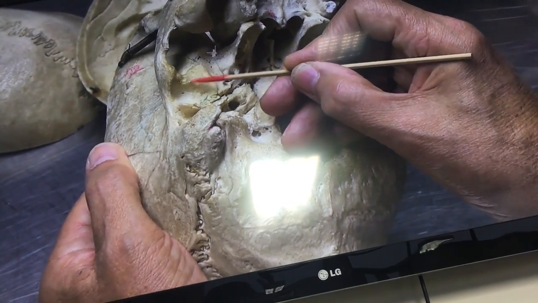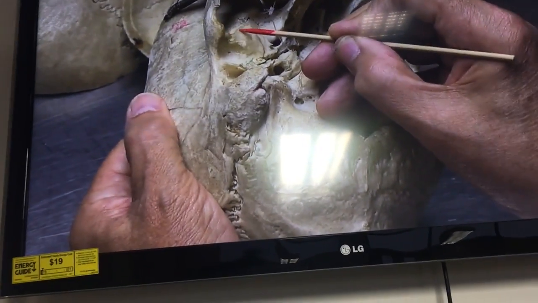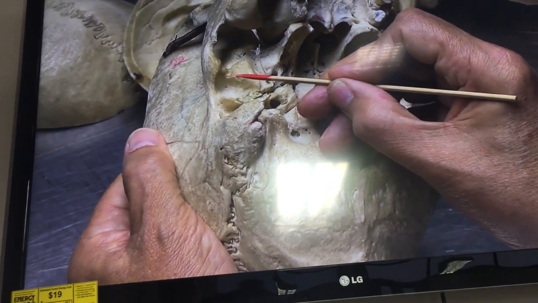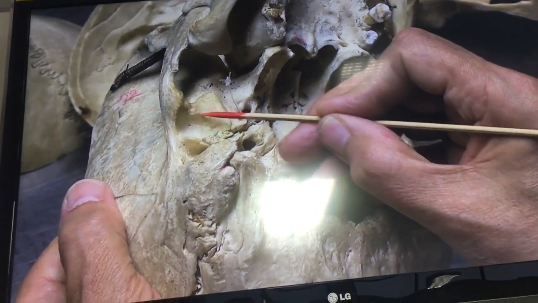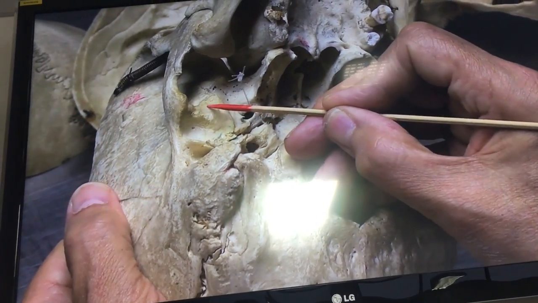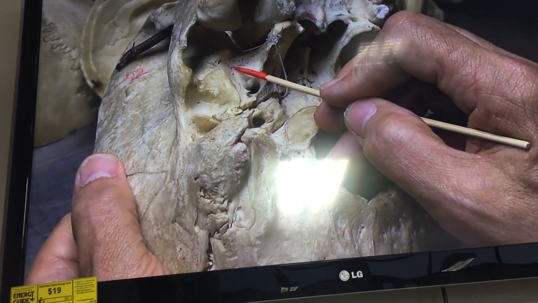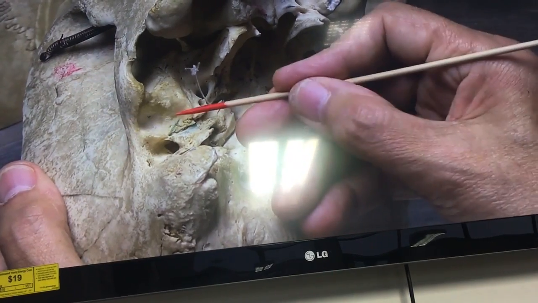This area is called the articular eminence, also the articular tubercle. This eminence is part of the articular facet of the temporomandibular joint. Let's try and finish up on the temporal bone here.